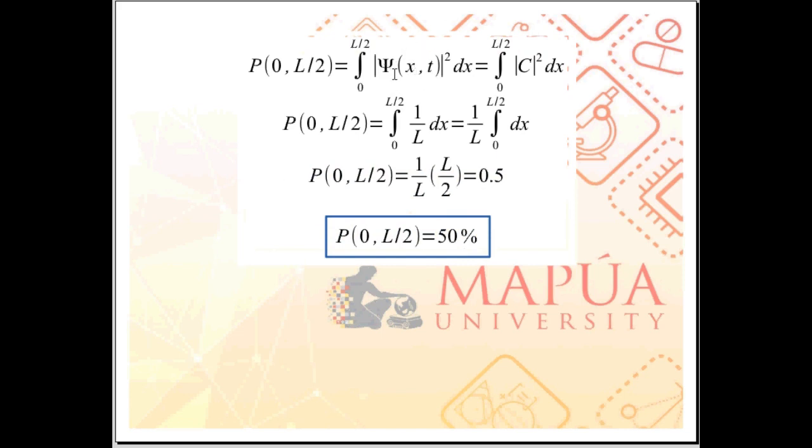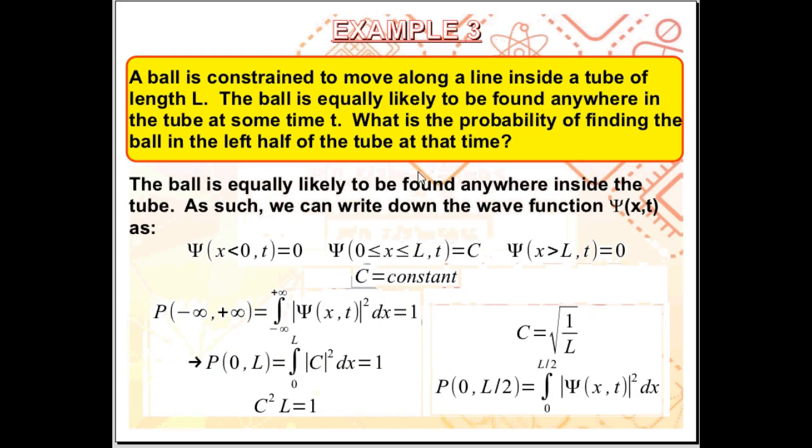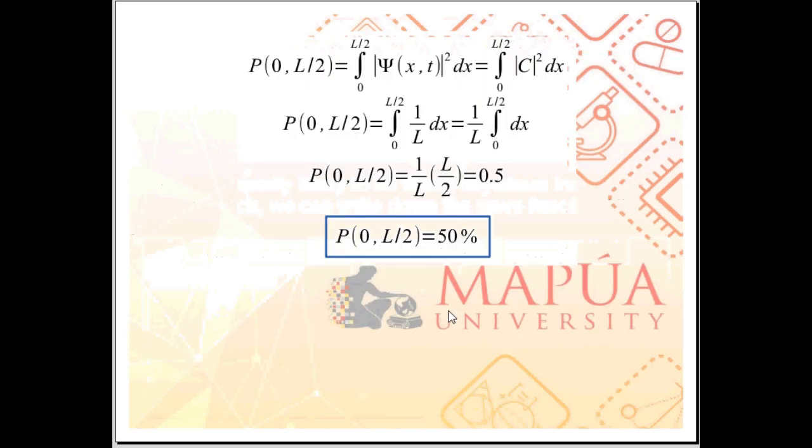Knowing the constant c, we are able to calculate the probability. The probability density, psi squared, is just equal to c squared. The square of c is 1 over L. So we are integrating 1 over L dx from 0 to L over 2. 1 over L is constant, so we can take it outside the integration.